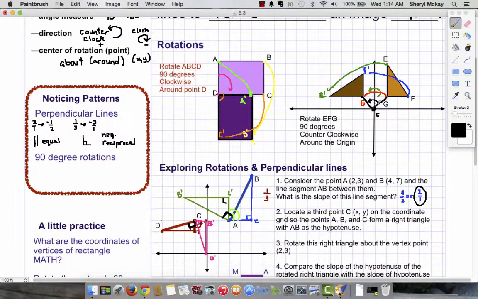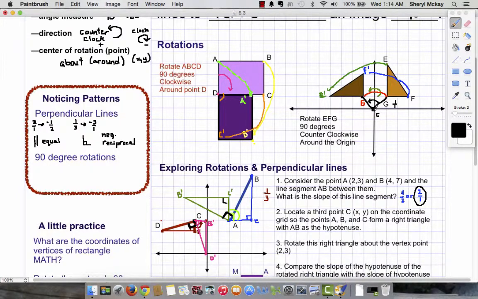Well, let's find out what the slope of these two lines are, these little line segments. What's the slope from the center to G? Well, it's 1 over 1, right? Positive 1 over 1, up 1 over 1.